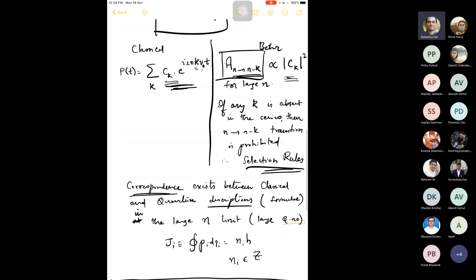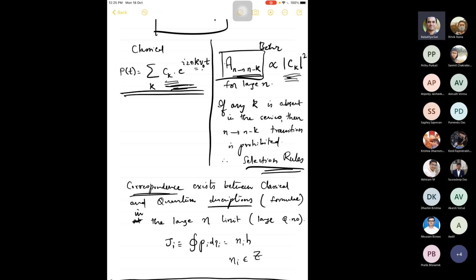If you look at this Fourier series here, this is a classical Fourier series. And this classical Fourier series gave you information through the mod square of the Fourier coefficient being related to the probability of the transition for large n. Now, naturally, one question you can ask is, what would be an equivalent quantity which would give you the probability for small n, and therefore actually work for the atomic transitions that we were observing in labs?